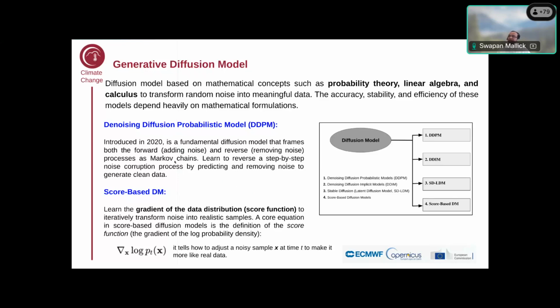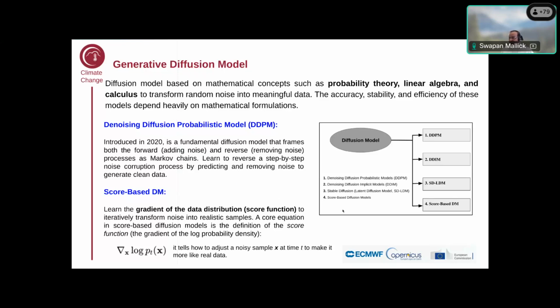It adds noise at different steps, and in the reverse process it learns the noise difference. Whereas the score-based diffusion model is based on the gradient of the data distribution, which calculates the direction of the flow of the error.